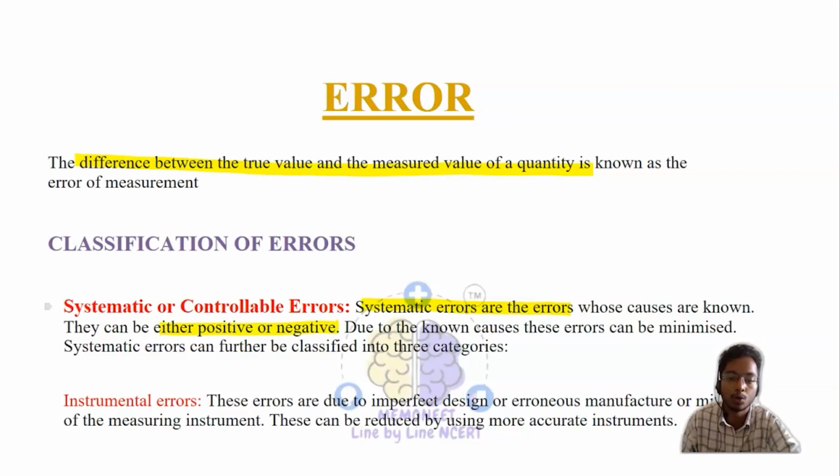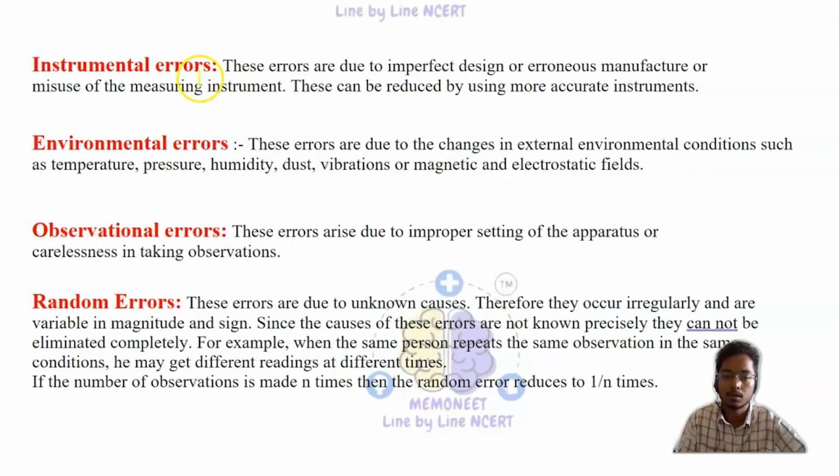Due to the known causes, these errors can be minimized. Systemic errors can be further classified into categories: instrumental errors, environmental errors, observational errors, and random errors.